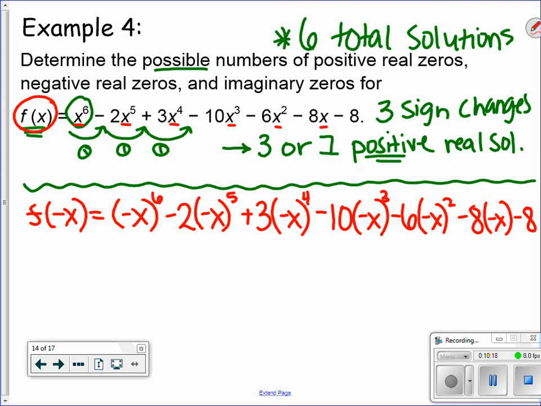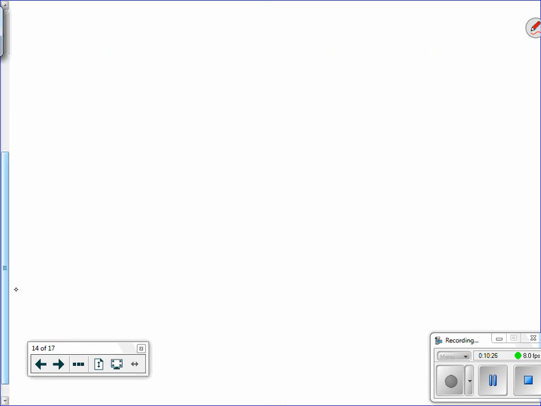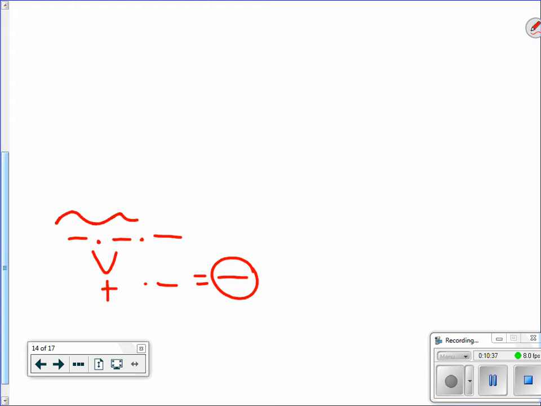Okay, before we look at any sign changes, I want you to remember something. I'm going to put this at the very bottom. If you were to do a negative times a negative times a negative, that's a positive times a negative, which is a negative. So this was an odd exponent. If you have a negative times a negative, that's positive.